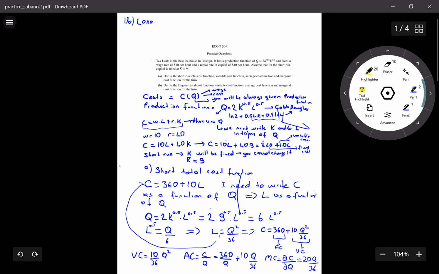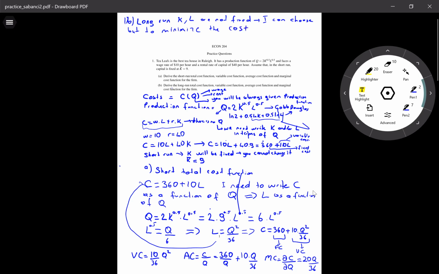So in the long run, K and L are not fixed, which means that I can choose both to minimize the cost of producing Q amount of output.